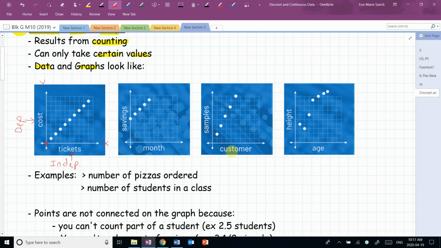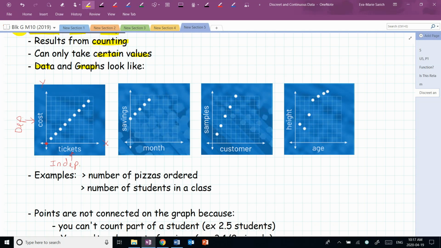So the number of customers is going to determine the number of samples that are going to be tasted. Now, in the first 3 examples, it looks like all of that data is running, in fact, in a straight line. Now, I just threw in this next example to show you that not all discrete data necessarily has to form a straight line.